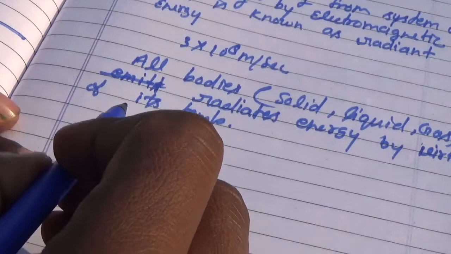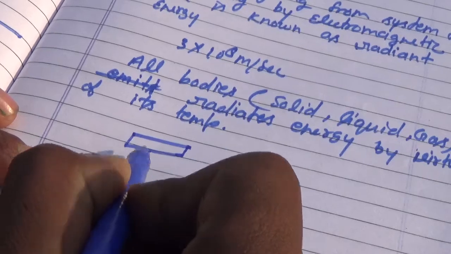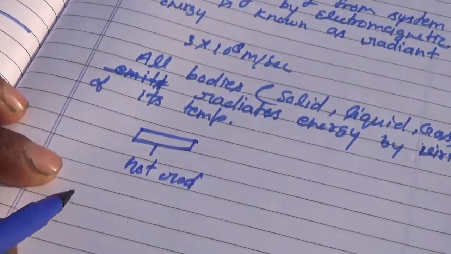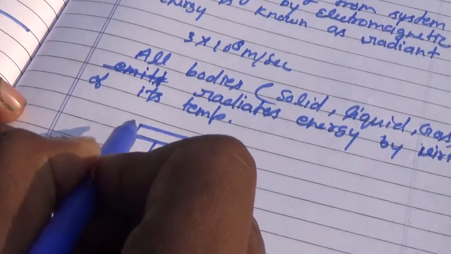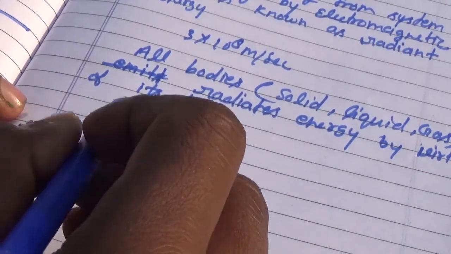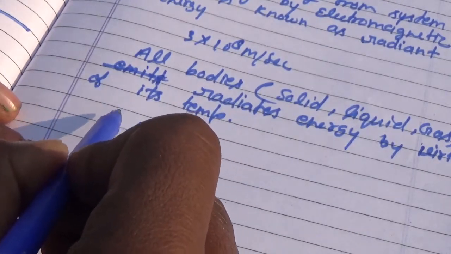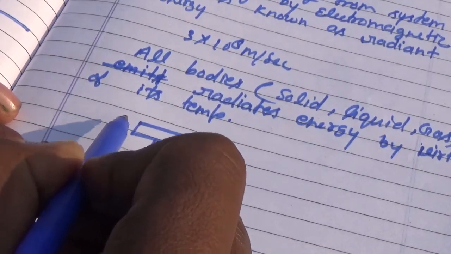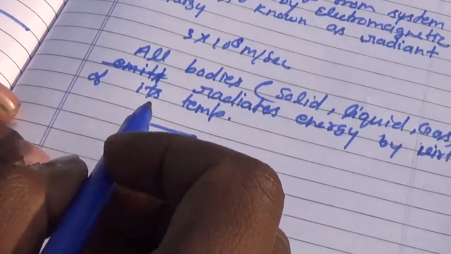Dear students, you have felt that if any hot rod is placed here, and you come very close to this rod and this rod is very hot, then you feel some warmth.